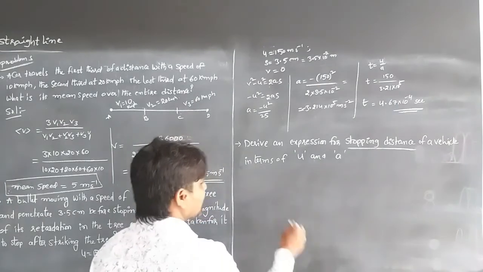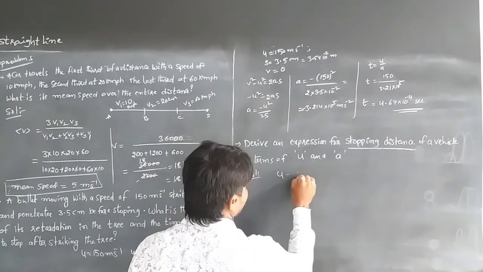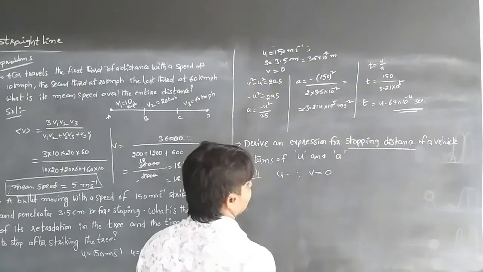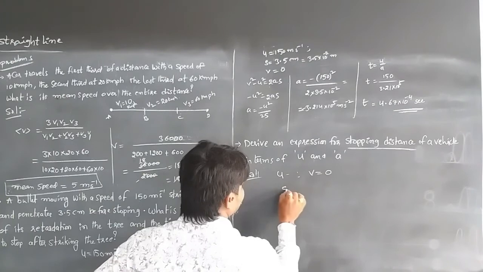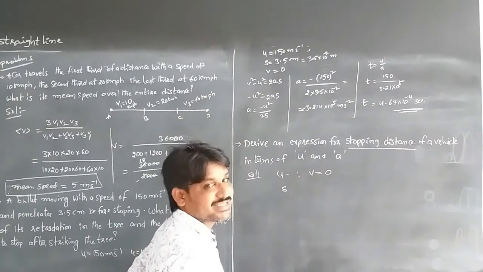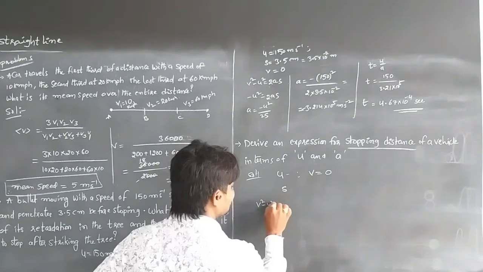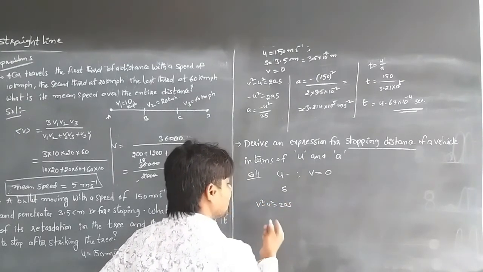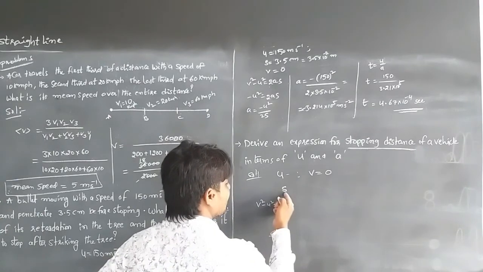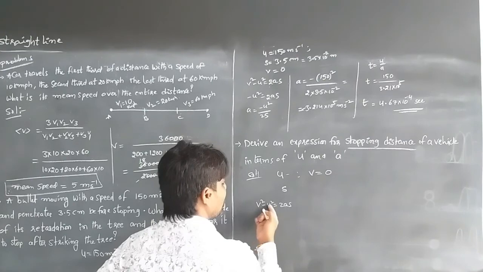Here the body is moving with initial velocity u and stops after some distance travelled, so v is equal to 0. Let s be the displacement, that is the stopping distance. From the relation v square minus u square is equal to 2as, with s equal to s, a equal to a, and v equal to 0, we get minus u square.